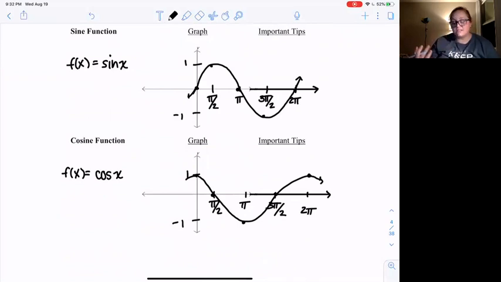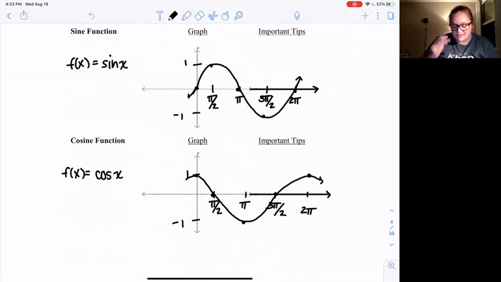The reason why I remember the graphs as opposed to the right triangles in the unit circle is because these become a lot more useful and you can learn a lot more about the functions when you're looking at a graph. Also, calculus you will learn is very visual. So let's look at these trig functions.